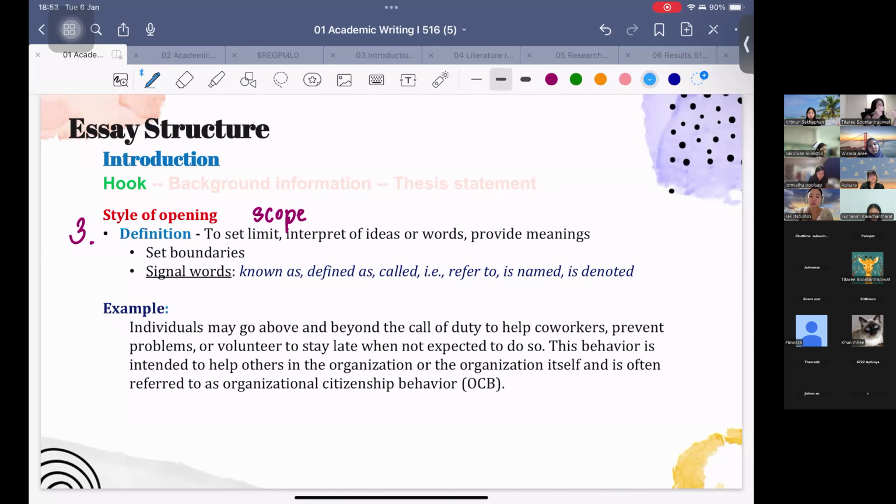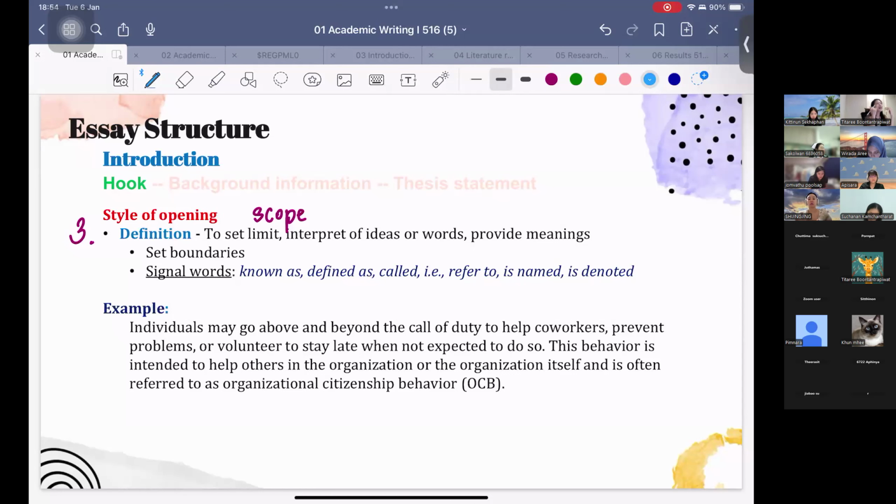Let's say the definition of the word global warming. Everybody knows about global warming. However, some would feel, I want my audience to know exactly and understand it. That's why some authors start off the writing with the meaning of global warming.